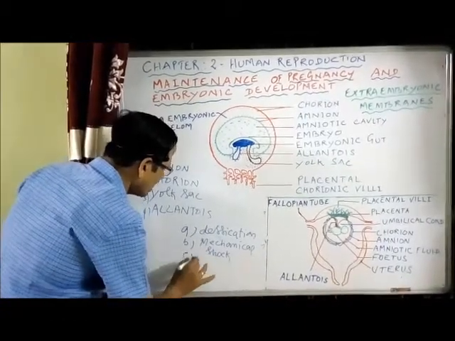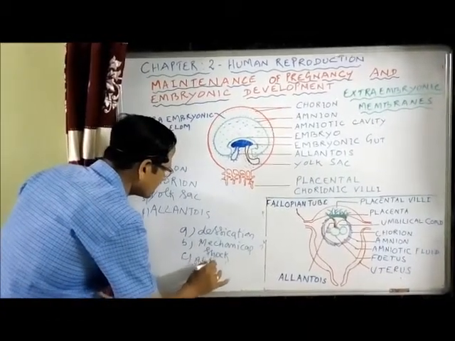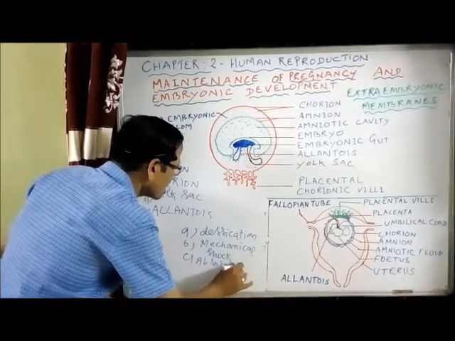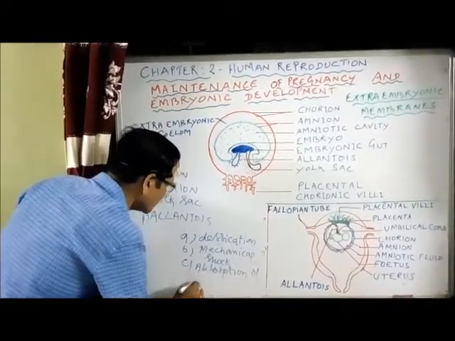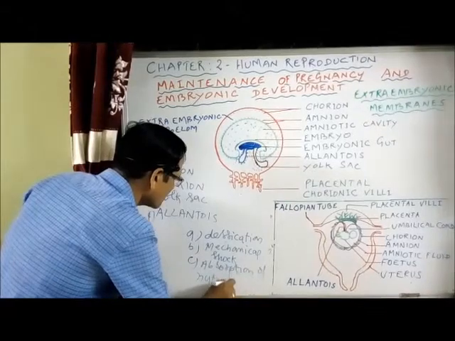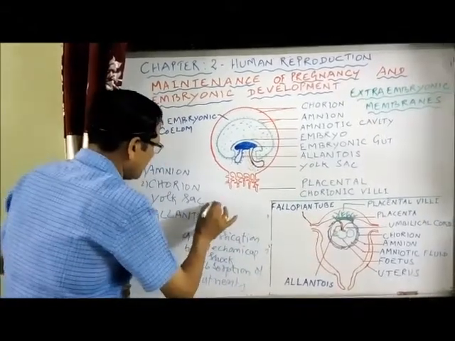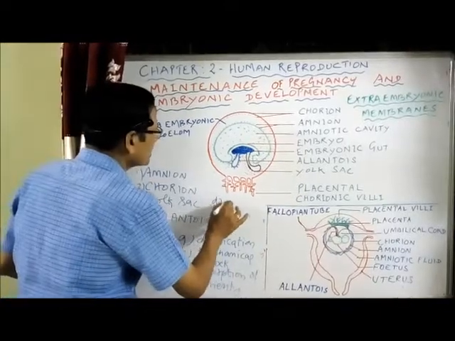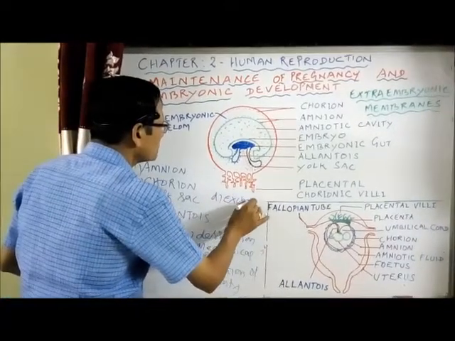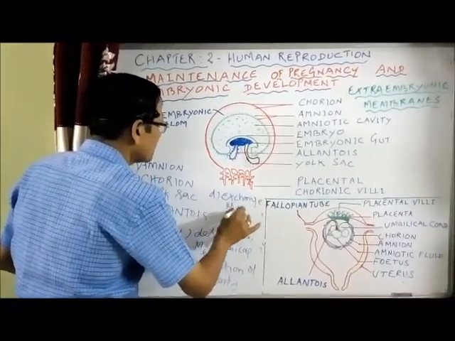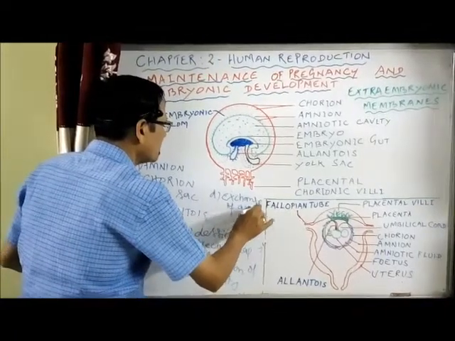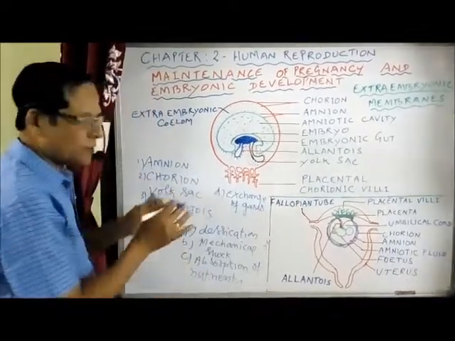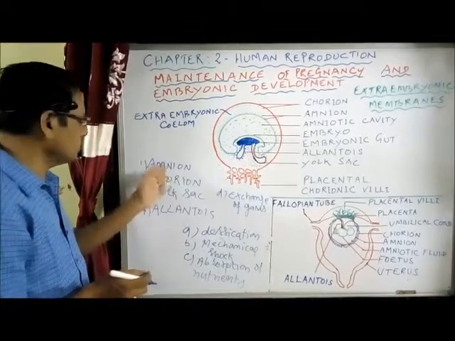Number 3, absorption of nutrients through the placenta. Number 4, exchange of gases.